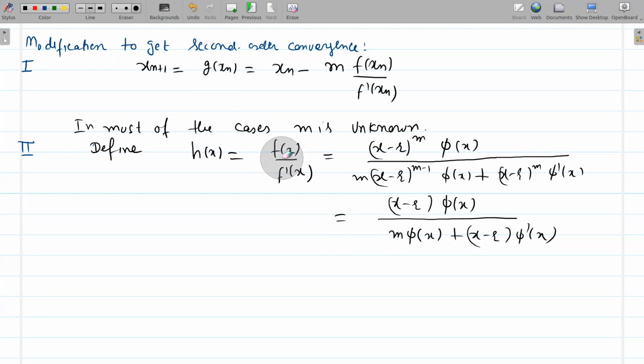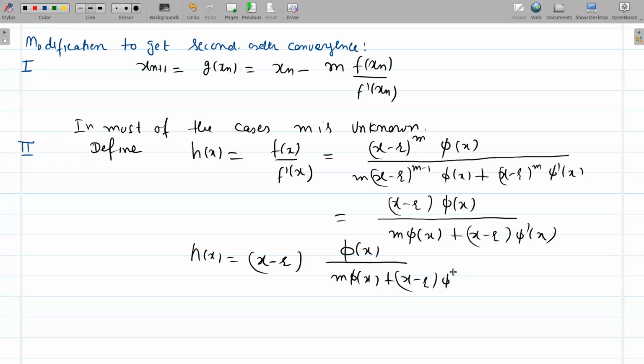Now if f(x) equals 0, this means h(x) equals 0. So either you find the root of h or you find the root of f, both are similar. But if you look more closely at h(x), it is (x minus r) phi x divided by m phi x plus (x minus r) phi dash x.